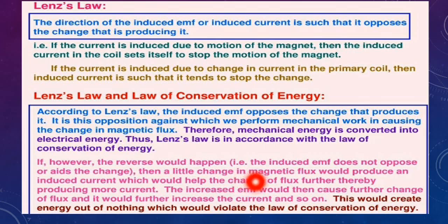The increased EMF would then cause further changes of flux, and it would further increase the current also, and so on. So this would create energy out of nothing, which would violate the law of conservation of energy. This paragraph is for additional work, you don't need to worry about this one.